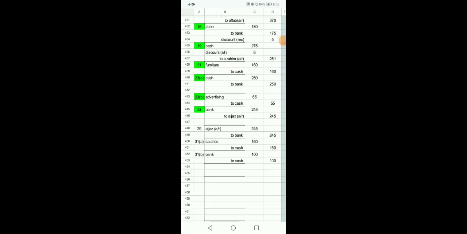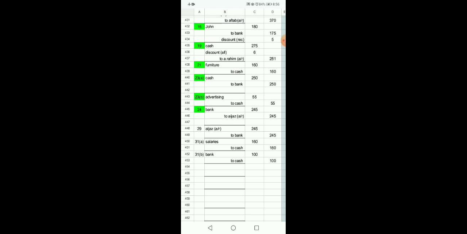The amount of 24 is 245. Okay, it is 245 because Ijaz Bashir's cheque returned dishonored. Since the cheque was received and deposited into the bank and the same cheque has been dishonored, that is why the amount is the same. Let's come back to the point where we were.